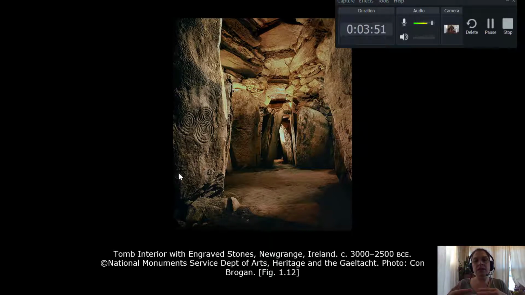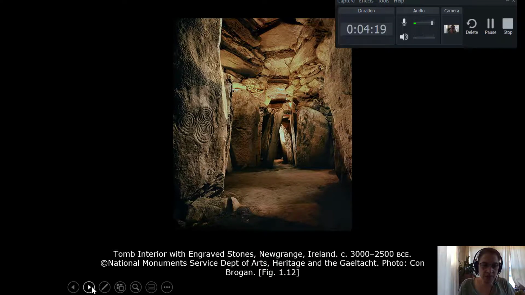It could be that the sun coming into the chamber was a way that the spirit of the person was taken to the afterlife, something like that. Because for these early farmers, sunlight is super important, because without the sun, they're not going to be able to produce food. So for most of these early civilizations, the most important god or goddess was the god of the sun.